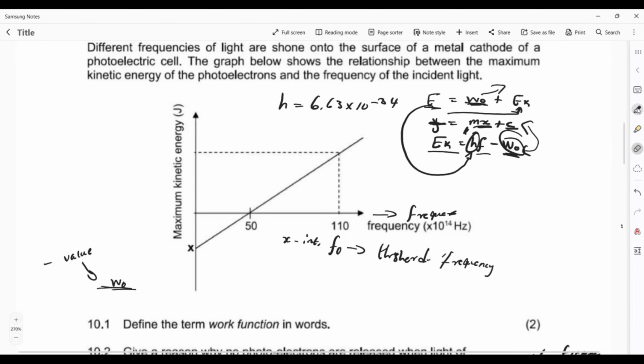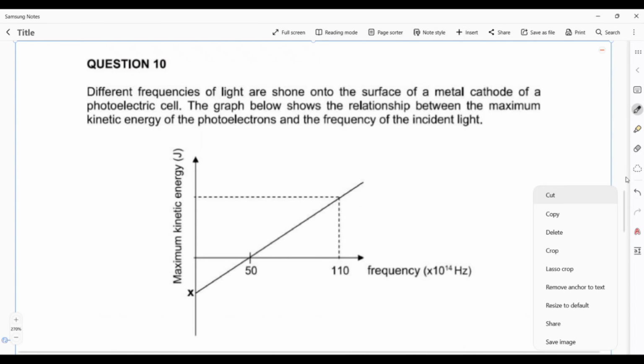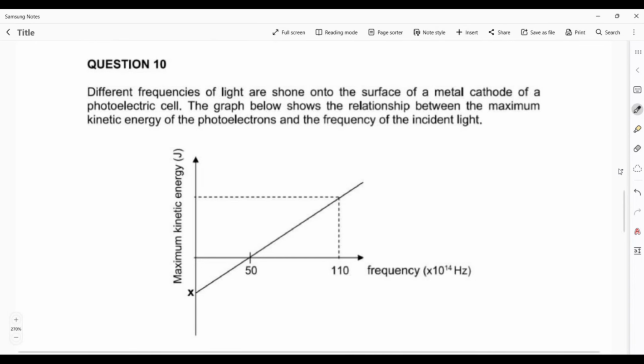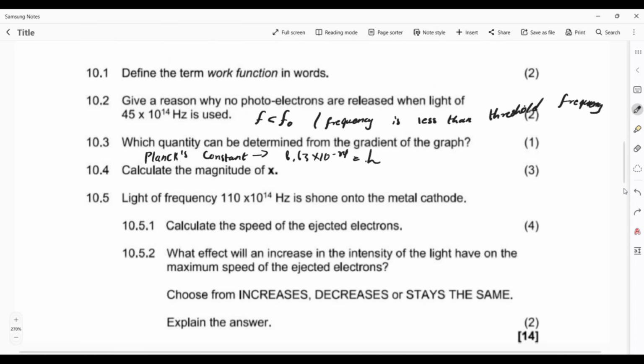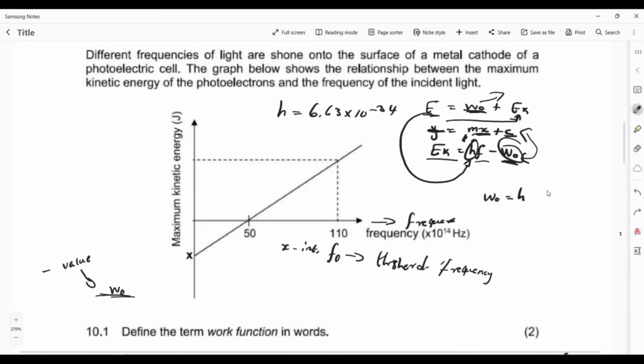In order to calculate the work function, you say W0 is equal to hf0. Then what is your Planck's constant? That is 6.63 times 10 to the power negative 34. And then what is your threshold frequency? That is 50 times 10 to the power 14. So can you multiply this on your calculator and give me the answer?